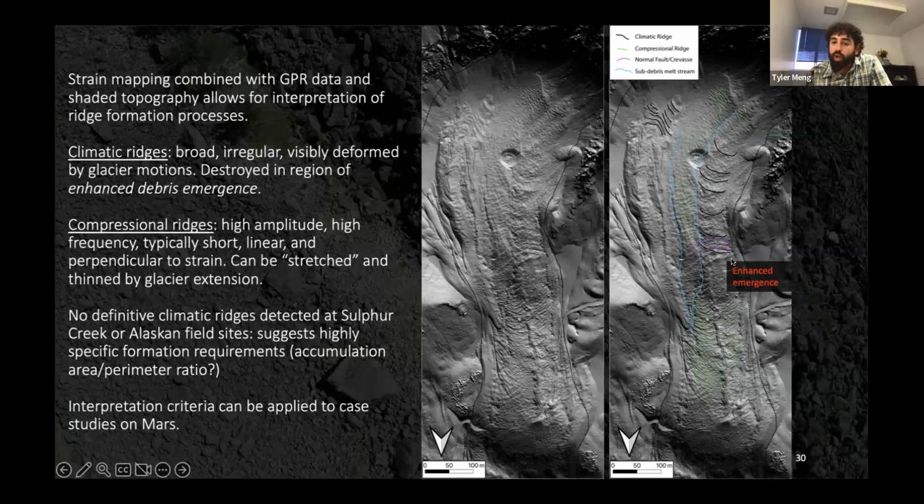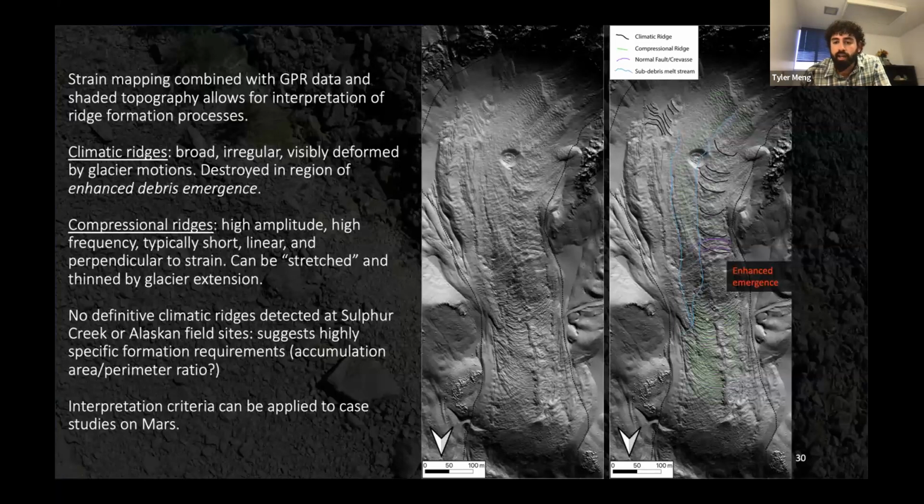So in this area, when ablation increases and surface slope increases, that will drive these englacial particles to the surface, which is why we see so many of these boulders in this one area. So that really answers our question of how we can delineate between compressional ridges and climatic ridges, and why we don't see them continuing further below this area on Galena Creek.